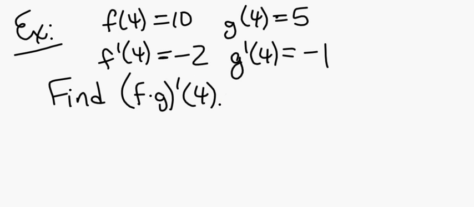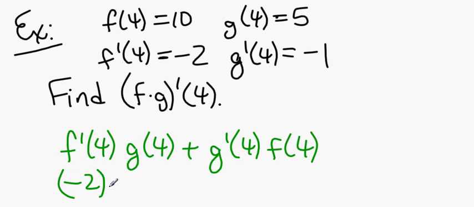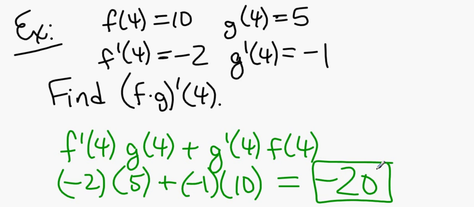And again, the product rule is so much fun. It's 1 prime 2 plus 2 prime 1. And that, just by substitution, we just plug everybody in, and bada bing, bada boom, and we've got it.